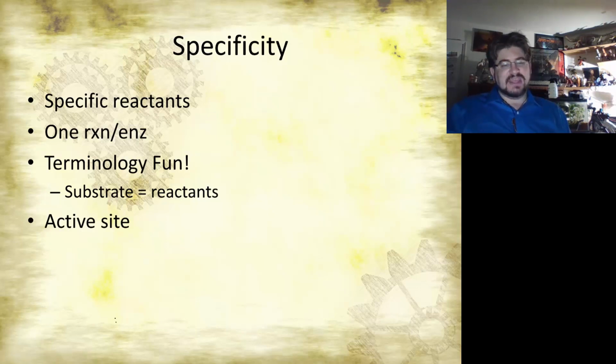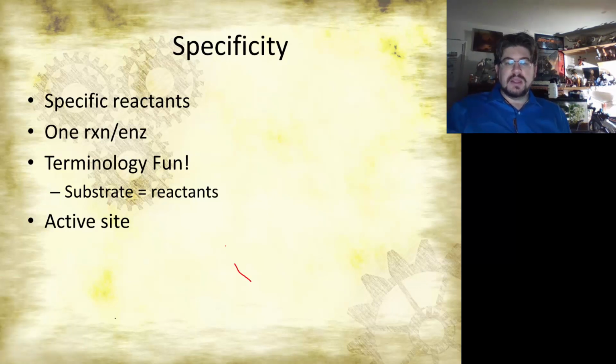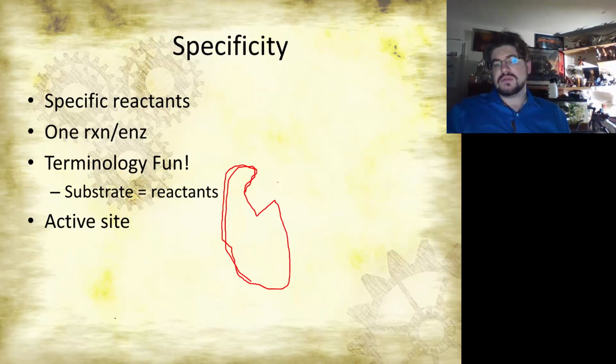The active site of the enzyme is where the substrate binds and where the chemical reaction occurs. So I had my little enzyme here with my active site. And the active site's essentially its shape or its conformation, three-dimensional structure, right? That determines the specificity.